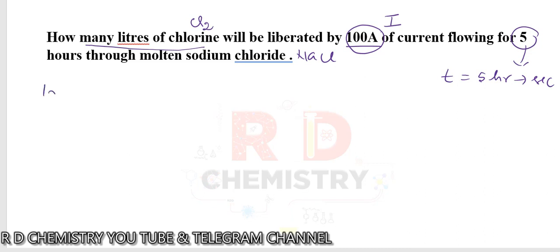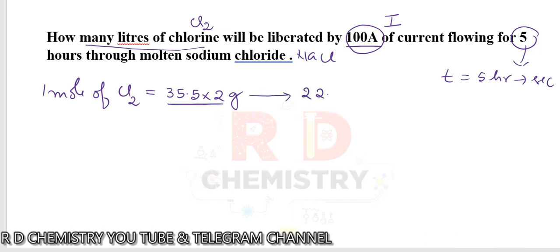You know that if I take 1 mole of Cl2, the atomic mass of chlorine is 35.5, into 2 atoms, so that many grams. This is the molar mass of chlorine. You know that at STP it will occupy 22.4 liters. Now you find out when you pass so much current, some grams will be liberated, equivalent to how many liters of chlorine.